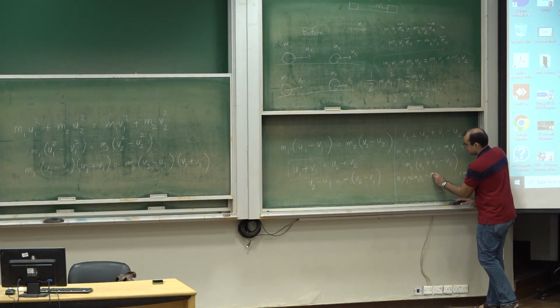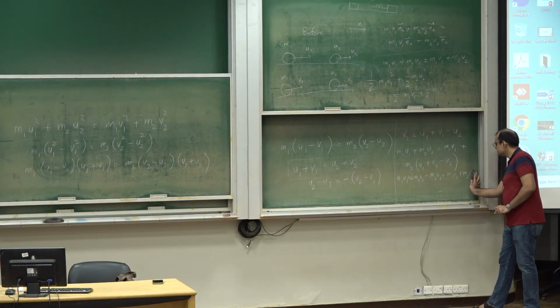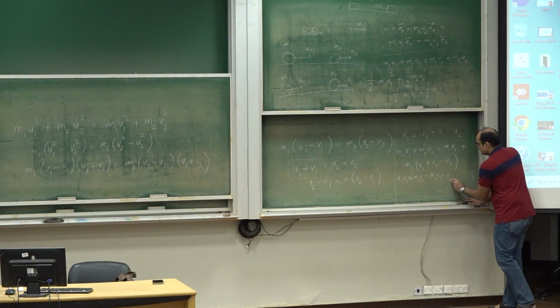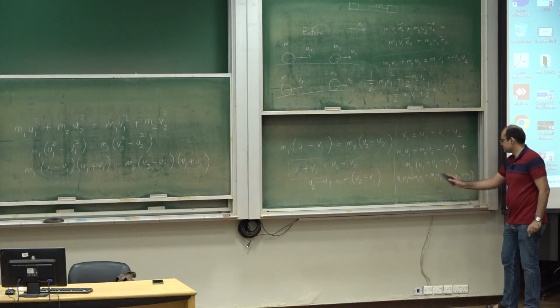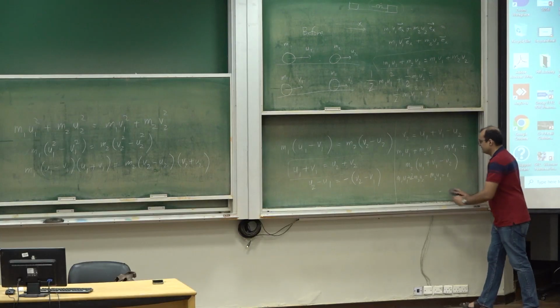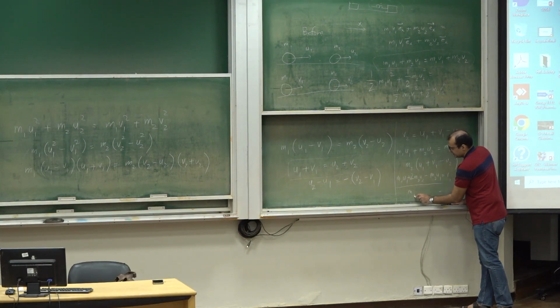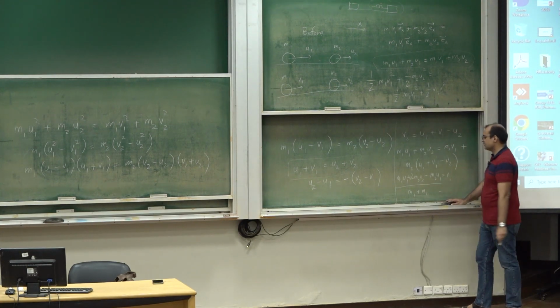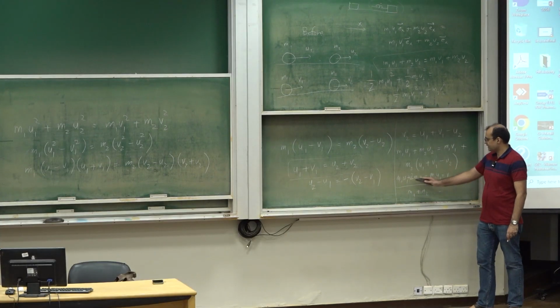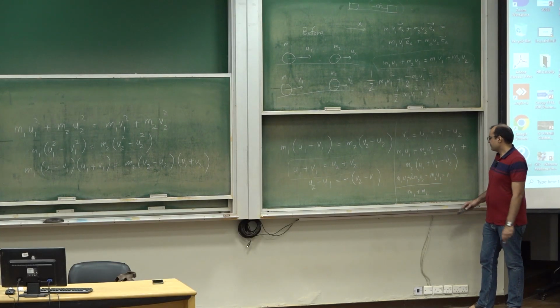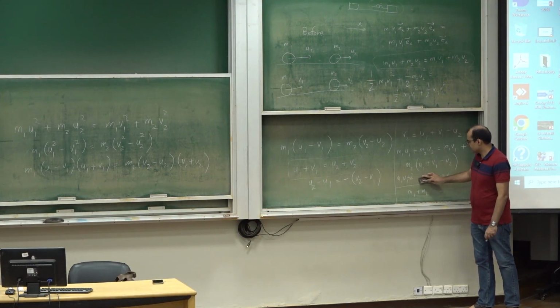What is this thing telling you? Or in other words, let me write it in the opposite way. U2 minus U1 equals minus. Let me write it with a minus. U2 minus U1 equals minus (V2 minus V1). Okay.